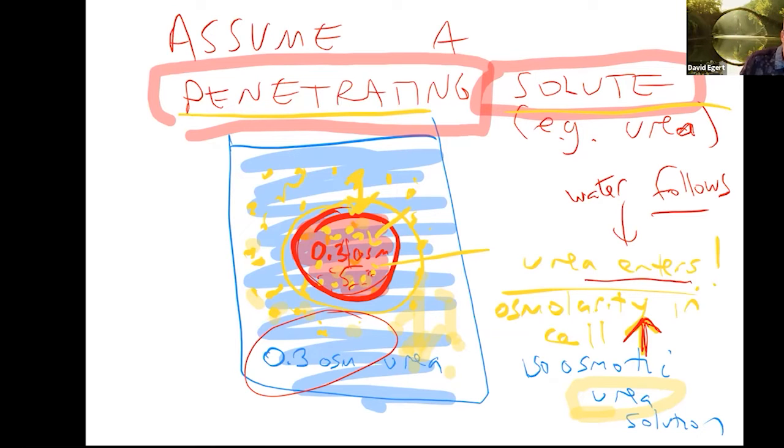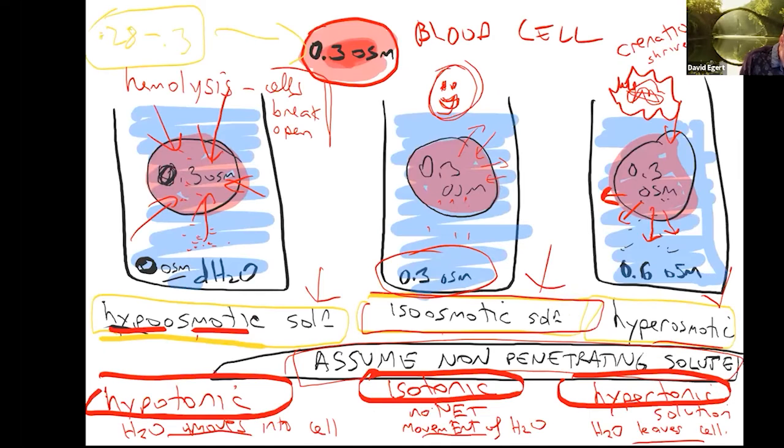So this is an isoosmotic solution. What is it in terms of tonicity? If water enters the cell, what do we call that? Hypotonic. Remember, hypotonic if water enters the cell. So here we get this kind of fascinating thing.